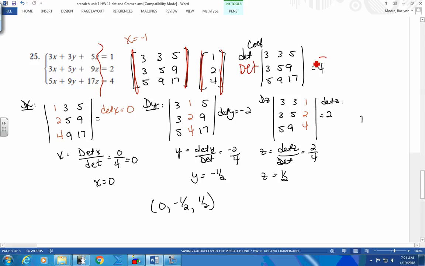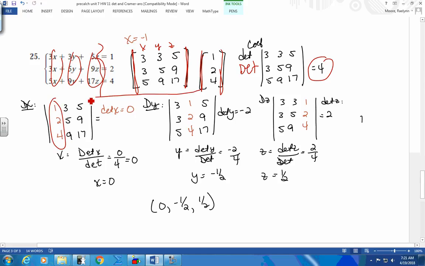Okay, so now we keep track of this major determinant, call it big D. Then find the x, y, and z. This is x, this is y, this is z, right? Take the column of x's and replace it with the constant, and find the determinant of this. Just change your matrix, say determinant, and then you set up a ratio.